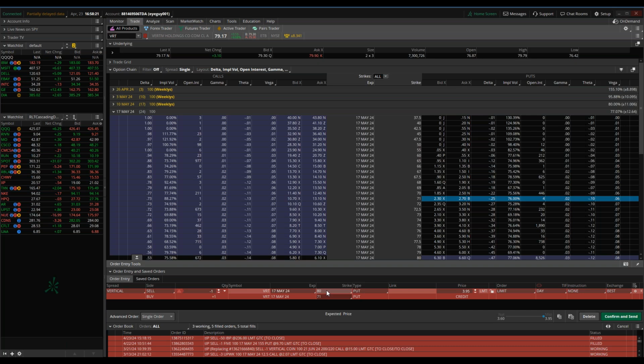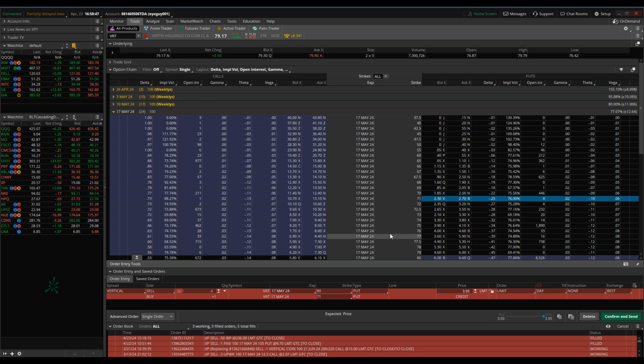That's a good trade. If we believe that VERT, VERTEV is the stock, is going to make any kind of a bullish move, maintain, move up to 80, which is real easy for VERTEV, then we're going to get to keep.